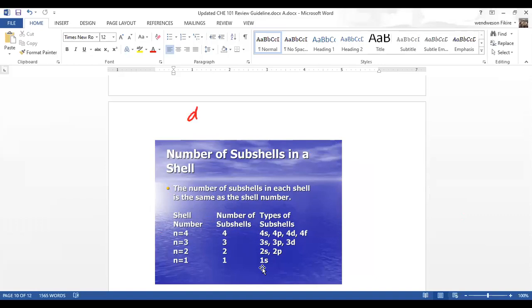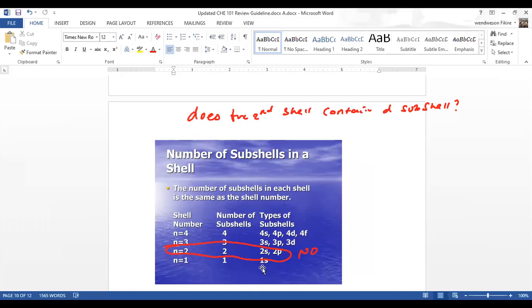Does the second shell contain a D subshell? Is there a possibility that this second shell contains a D subshell? What is your answer? That would be no. That's one question.